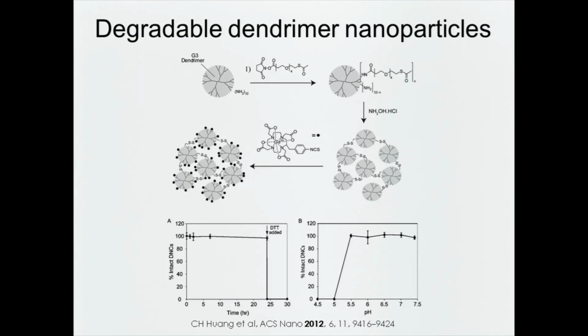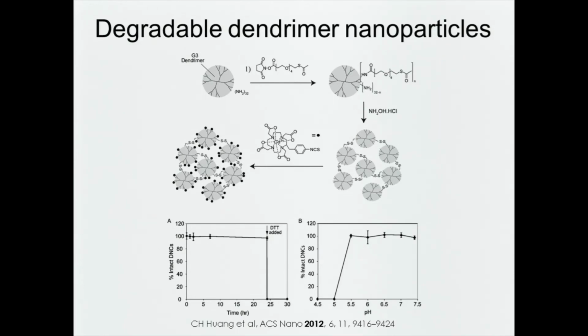These disulfide links can eventually be cleaved to break this up into smaller particles, which can then be excreted via the urine. As this was a study where they're looking to incorporate gadolinium as an MR contrast agent, they were concerned about retention of gadolinium, which has been linked to nephrogenic systemic fibrosis and toxicity. So the idea is if this breaks up and is excreted, you avoid that type of toxicity.